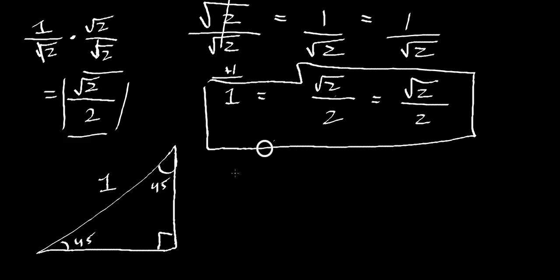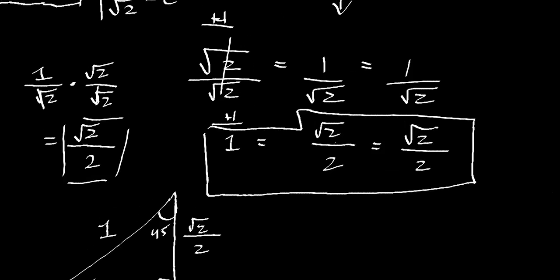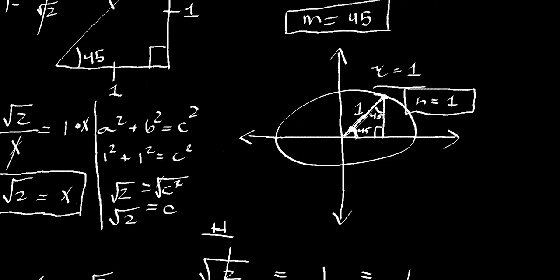One of our sides is the square root of 2 over 2, and the other side is the square root of 2 over 2. Okay? I hope I didn't intimidate you too much or confuse you. That was not my intention.